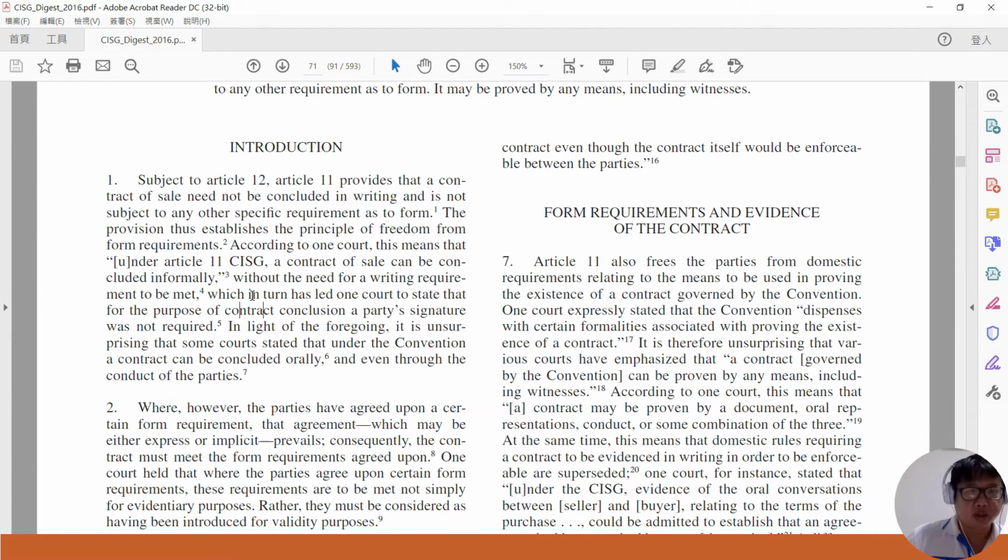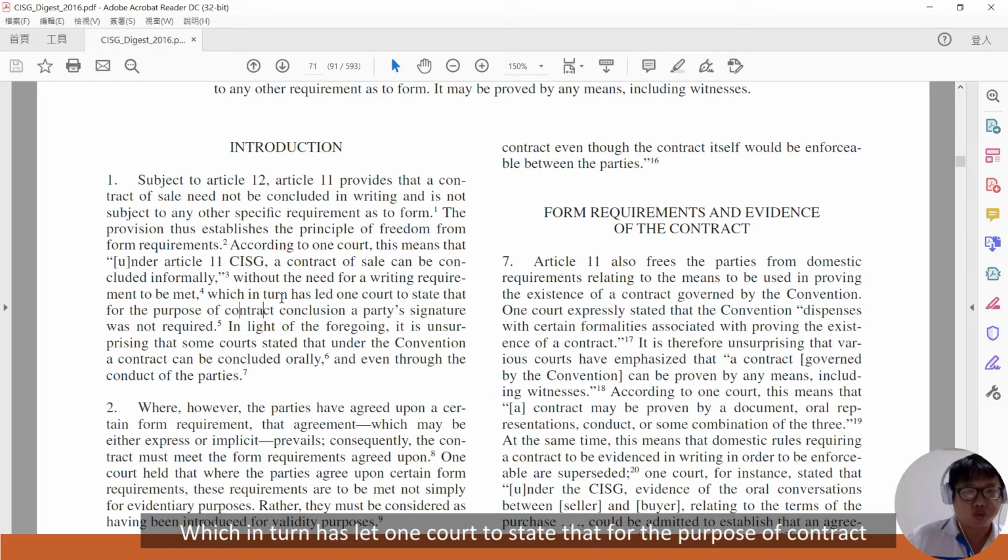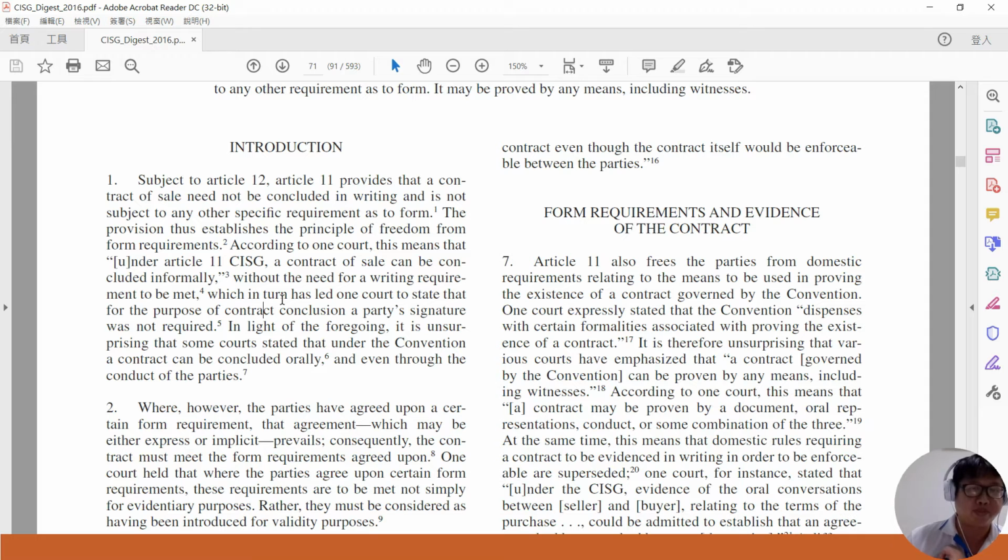And then, which in turn has led one court to state that for the purpose of contract conclusion, a party's signature was not required. So the third idea is that signature is not required.